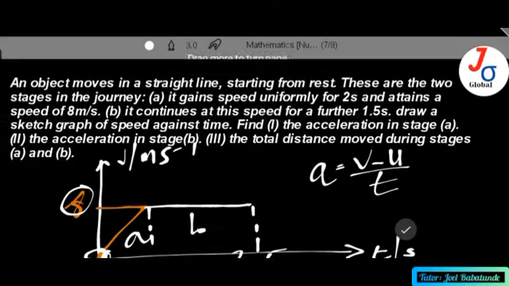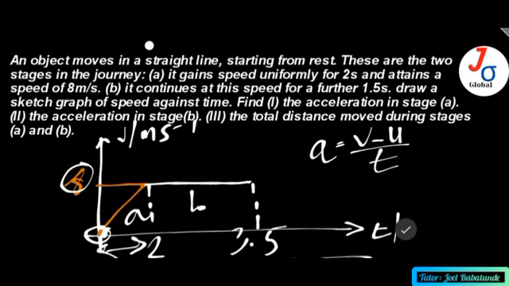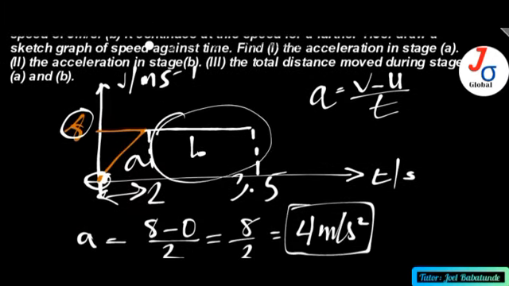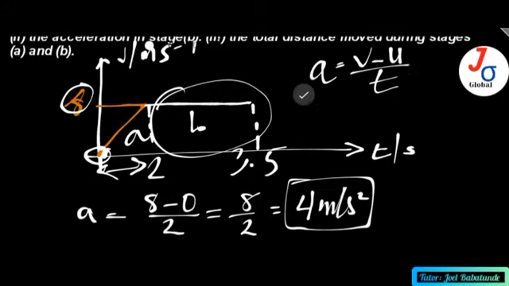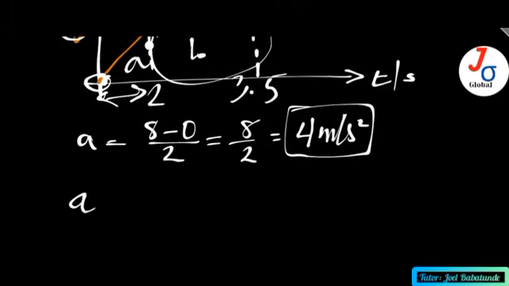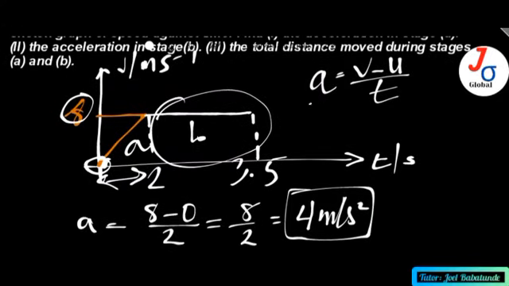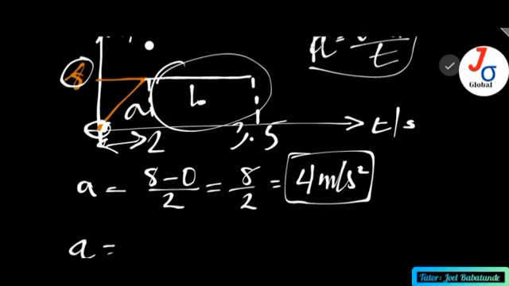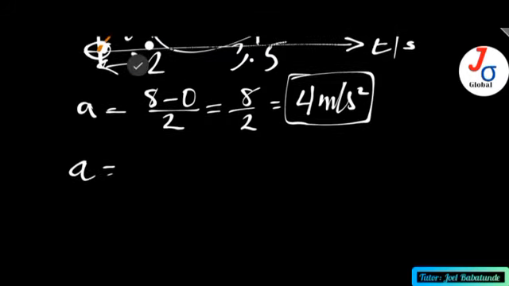Then the second question says, find the acceleration in stage B. Same formula, a equals this. It starts from here and ends here, so it starts at 8 and ends at 8.